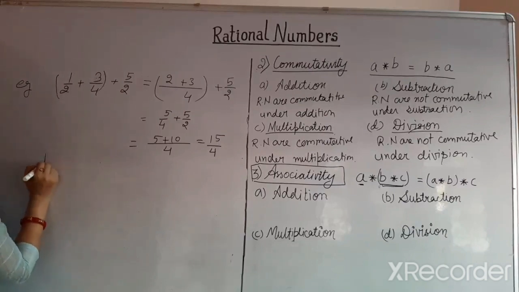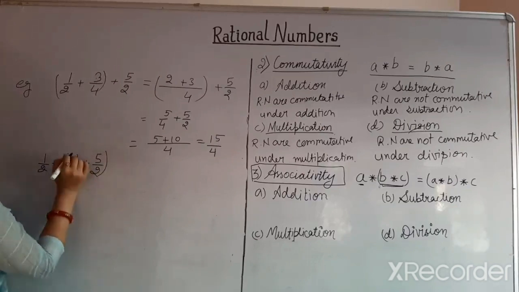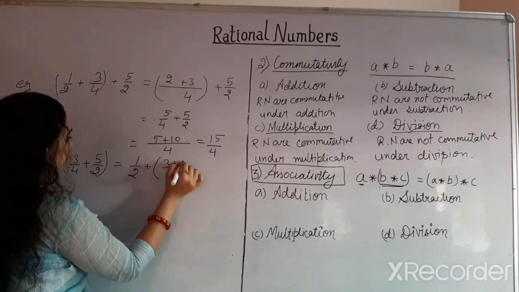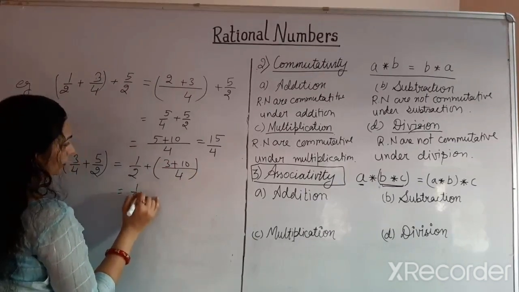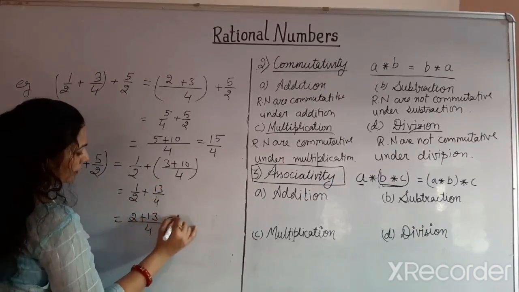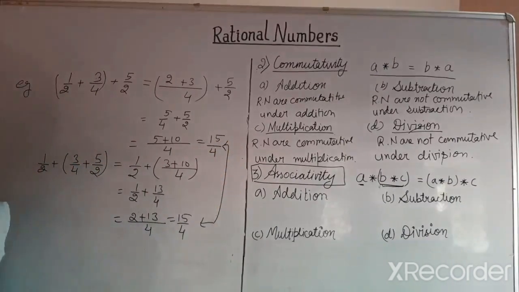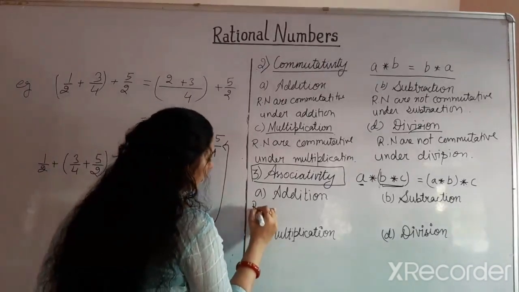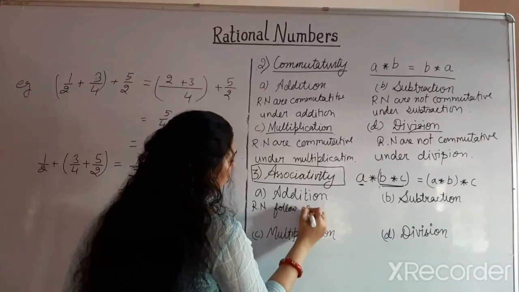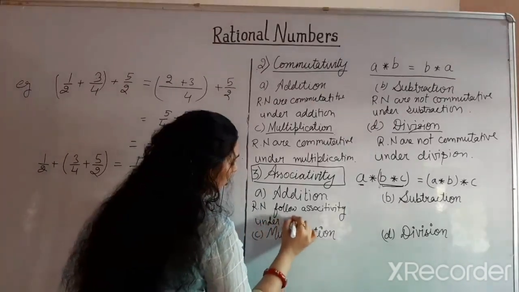If we operate these two numbers first, we can see that both the results remain the same. So rational numbers follow associativity under addition.